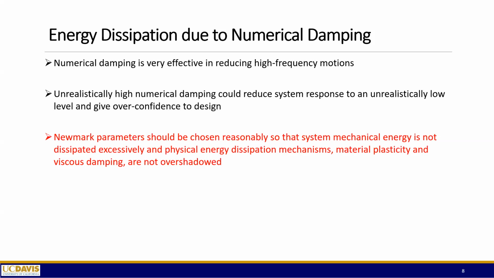So the user does not know the actual amount of numerical damping in the system, or does not have a choice to change it. So just a note that as a research engineer or researcher, you should be aware of this choice, and you should always run a small sensitivity study to get a better understanding of its influence on your simulation.